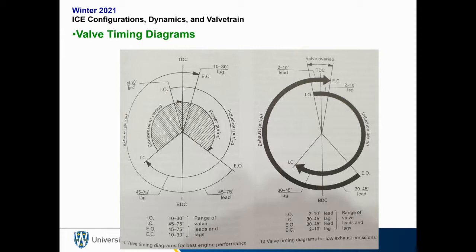Now, if you look at the intake valve in most typical engines, so IO is intake valve open, we see intake valve close. That doesn't happen until you're quite a ways into the compression stroke. So in our diagram where we said intake stroke stops at the bottom when you're at bottom dead center, well, that's not actually true. It actually continues a good way into the compression stroke. So once we're in the compression stroke, eventually that intake valve closes. We then have our compression period. We have our power stroke.